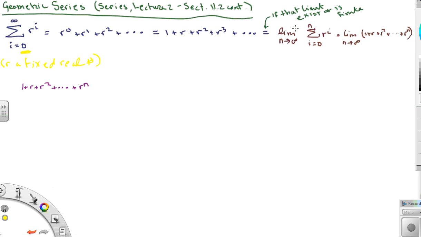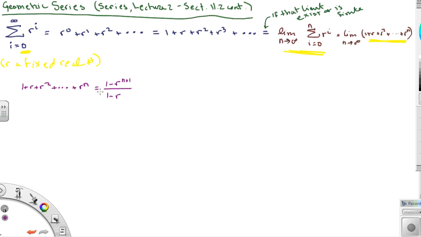And as we discussed before, that series is going to converge if this limit of partial sums converges to something finite. Of course, the limit of partial sums is the limit of these things here. Those are the partial sums. Now, you may recall from the last video that we came up with a nice factoring of 1 minus r to the n. We noticed that 1 minus r to the n over 1 minus r is almost what we have here.